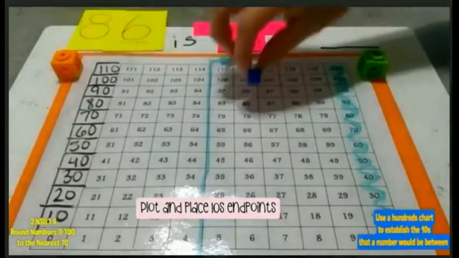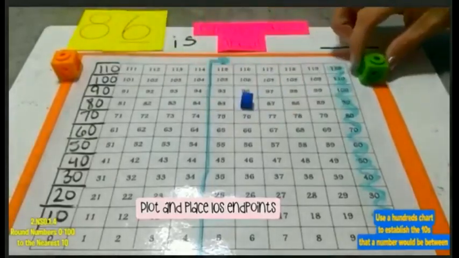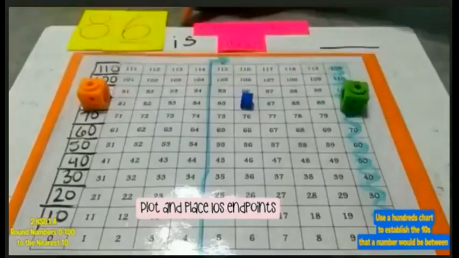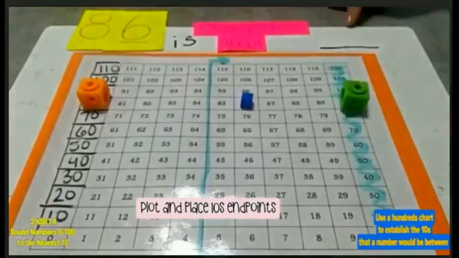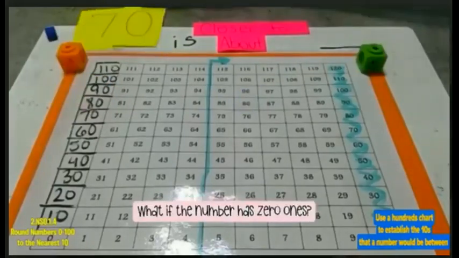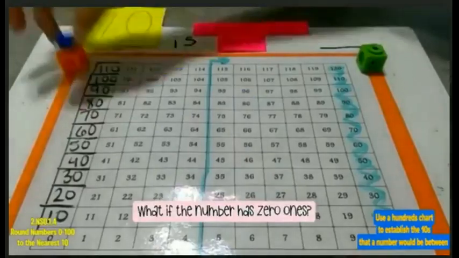This visual is great for students to understand that a number to the right of the midpoint number is going to round up to the next 10, but a number to the left of the midpoint is going to round down to the nearest 10.